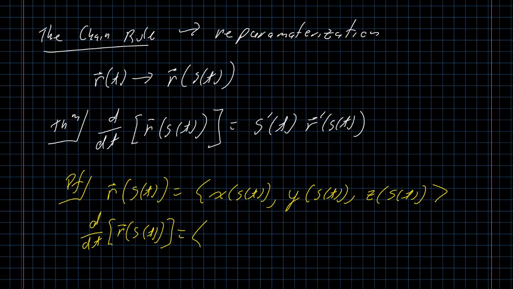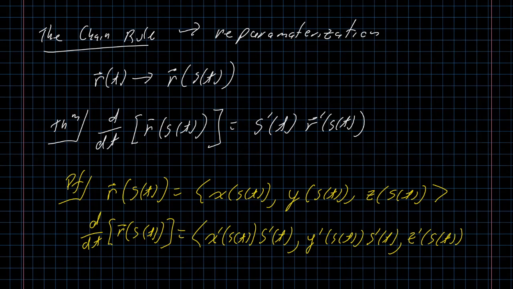The derivative of x of s of t is x prime of s of t multiplied by s prime of t. The derivative of y of s of t is y prime of s of t times s prime of t. And the derivative of z of s of t is z prime of s of t times s prime of t.